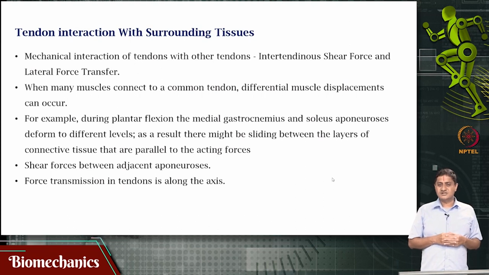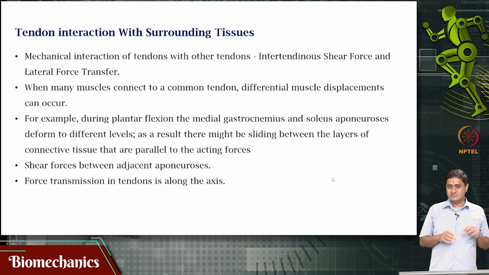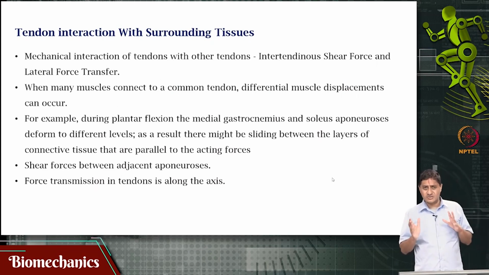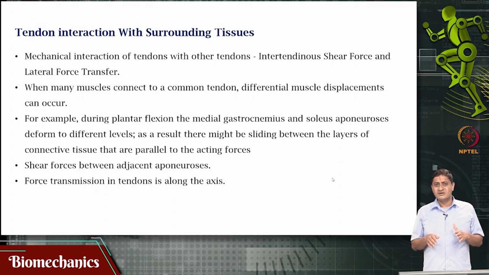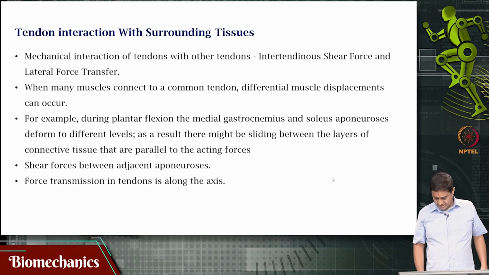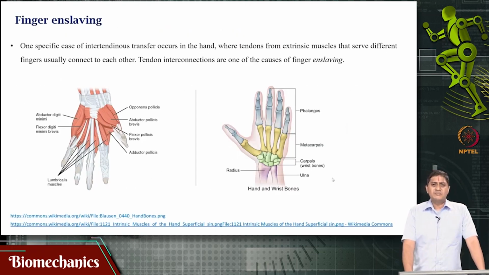So, force transmission is assumed or expected to be along the long axis of the tendon. Mostly this is also met, but here we discuss the special case of the situation when tendons shear between each other.